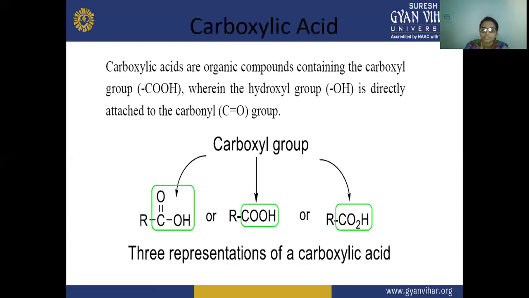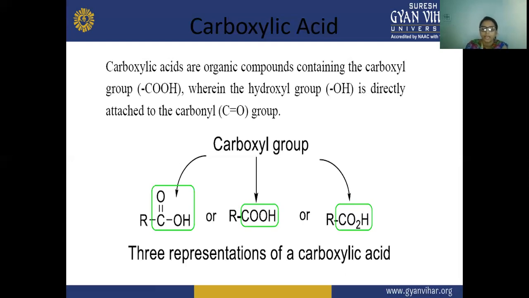The carboxylic acids are organic compounds containing the carboxyl group, that is COOH, wherein the hydroxyl group OH is directly attached to the carbonyl group. There is an attachment of the hydroxyl group to the carbonyl group, and there is a formation of this carboxyl group.